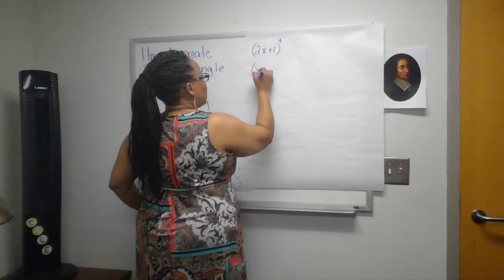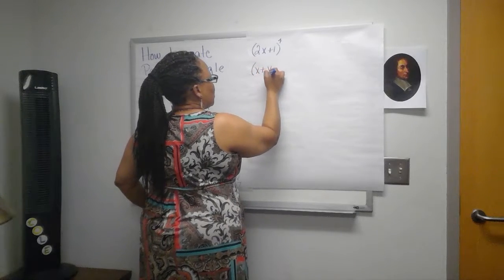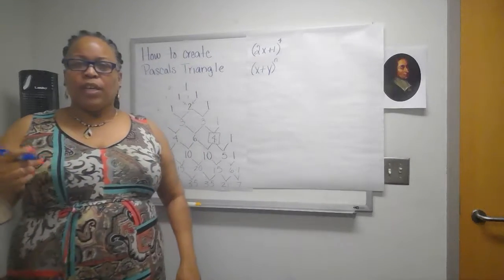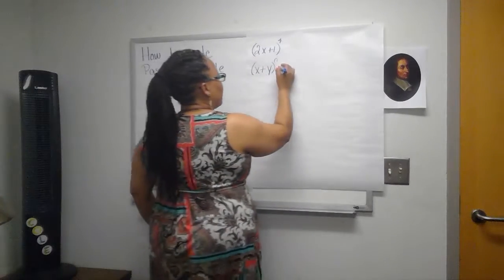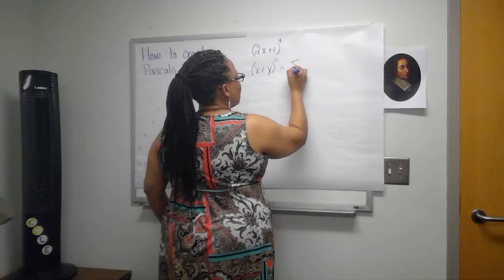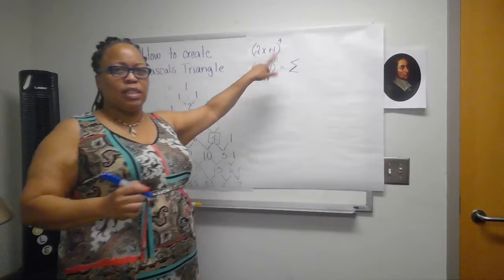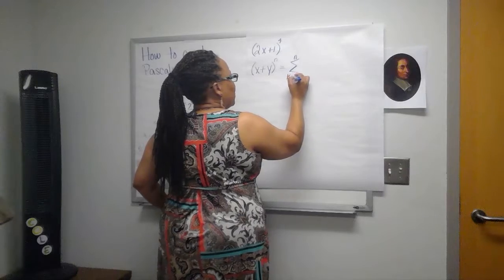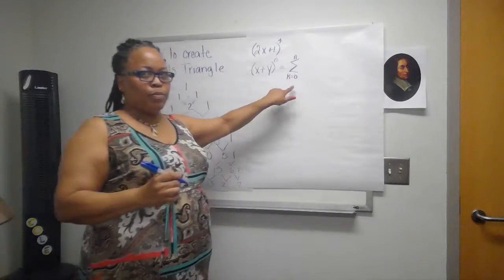And it states x plus y to the n power is basically, this is when we have to work with sums, so we use this sigma, n to the k equals 0.